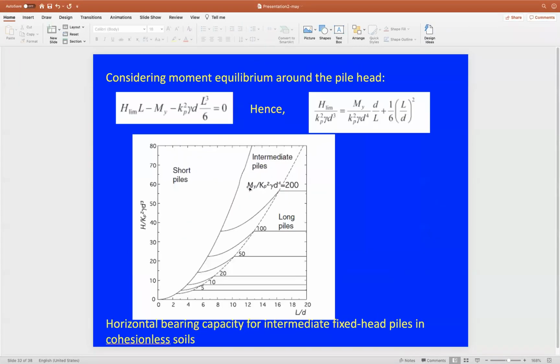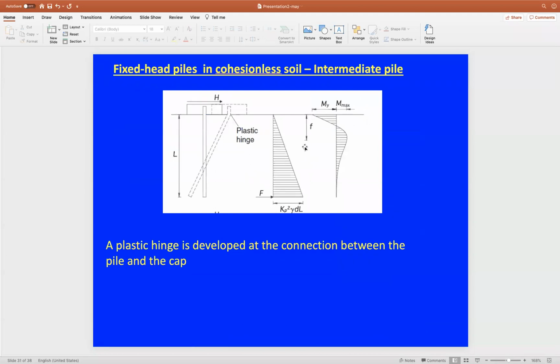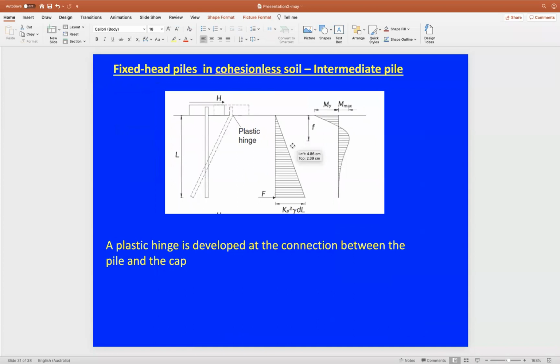And as we said, we take the moments about this point for the intermediate pile failure scenario. We take it about this point to find what's the value of My on the system. And if we take it about this point, we're going to find HU multiplied by L. That will be M yield plus half of this value here.